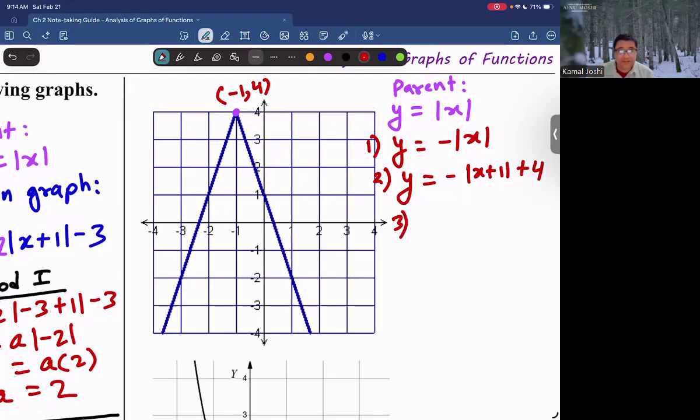Step 3, the stretching factor, right? What I'm going to do, I'm going to say let y equals minus k times the absolute value of x plus 1, plus 4 be the equation.